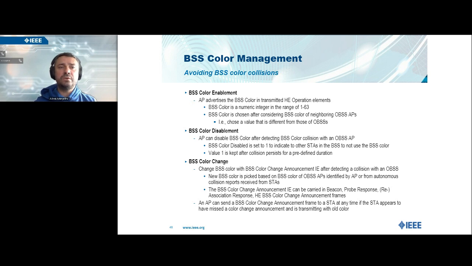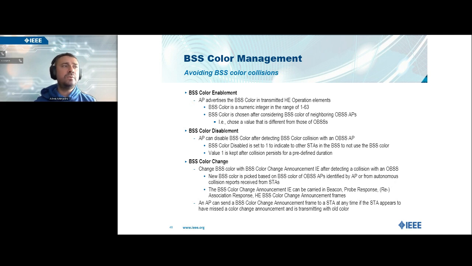In that case, you're required to choose a color that is the same as somebody else's, in which case the access point can disable BSS color once it detects that there is a BSS color collision. And you can keep this disablement for as long as this collision persists. So when this BSS color is disabled, all the features that rely on BSS color are essentially disabled by the stations as well.